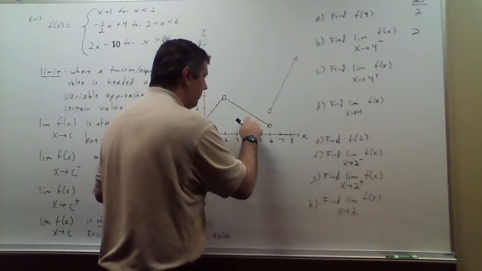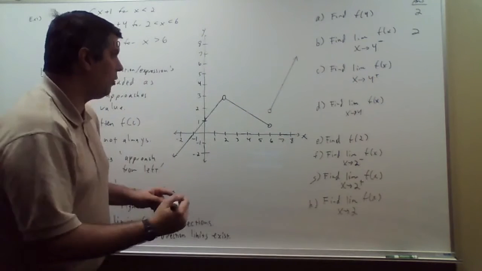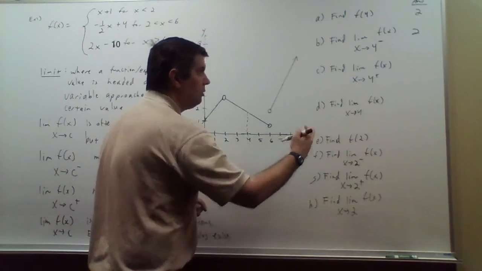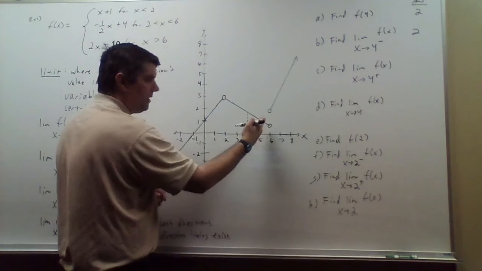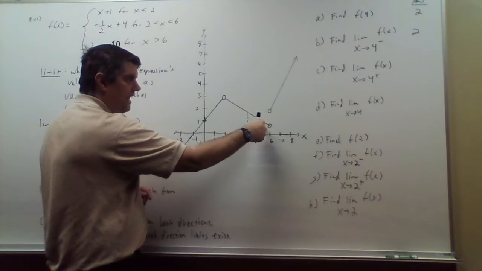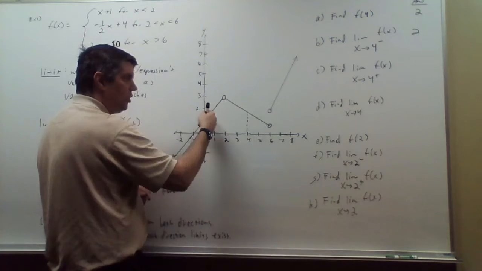This one says to approach from the right. Okay, so here's where x equals 4. I'm going to start from the right and go until I get to x equals 4 from the right. And the function value is headed to 2.